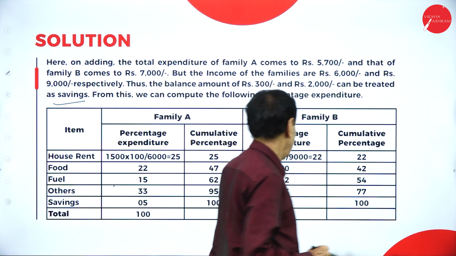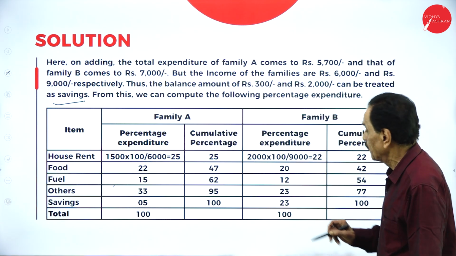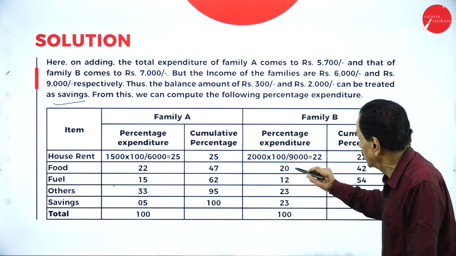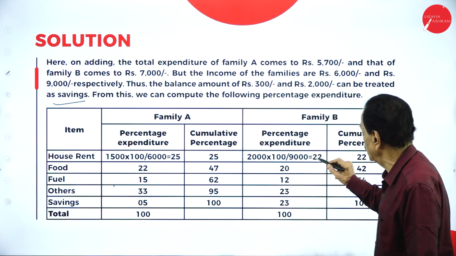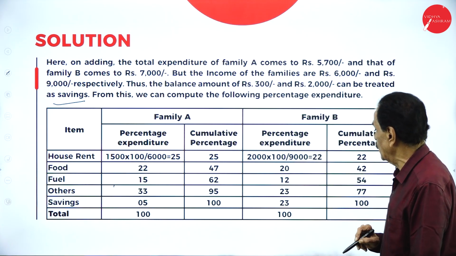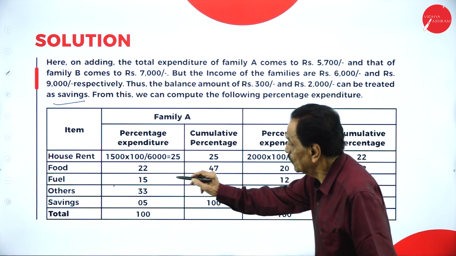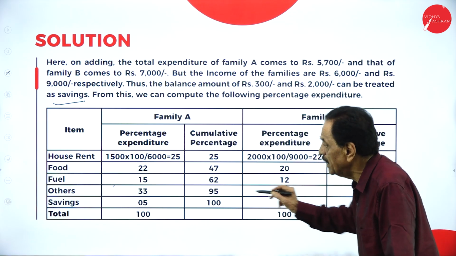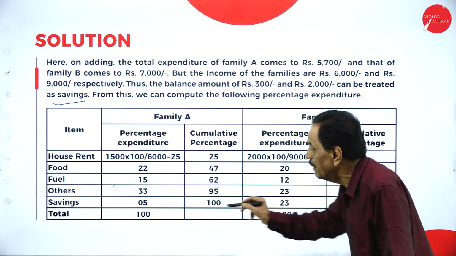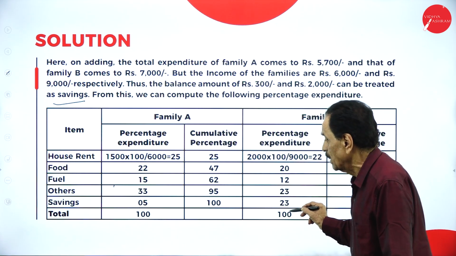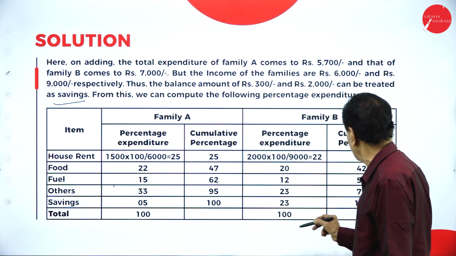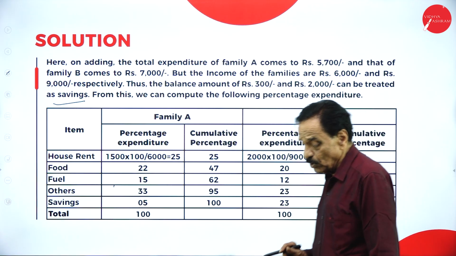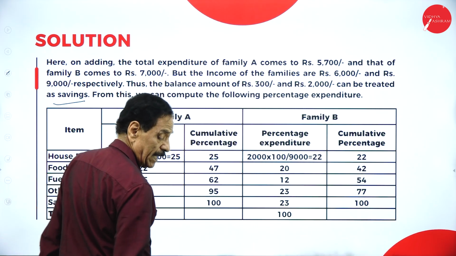Come back to family B's percentage of expenditure: 2,000 divided by 9,000, into 100, is 22. Same for house rent, then food 20, fuel 12, others 23, savings 20, totaling 100 cumulative. So this should be represented in a bar diagram.